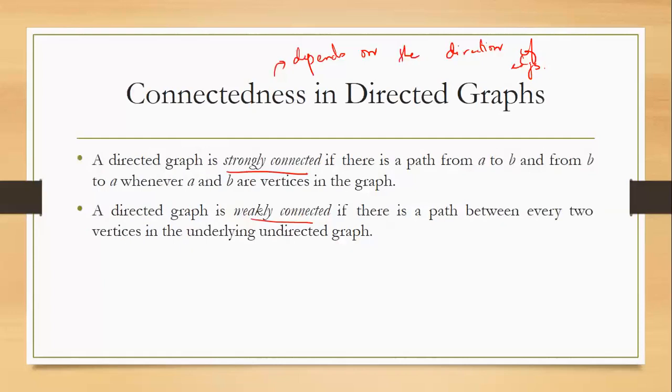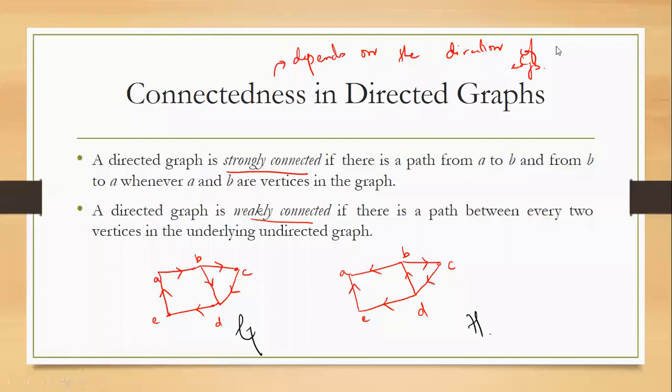Let's take an example. These are the two example graphs that I have drawn. The graphs are G and H. Now, the definition of strongly connected is given. A directed graph is strongly connected if there is a path from A to B and from B to A. Let's take the A and B vertices of our G graph.